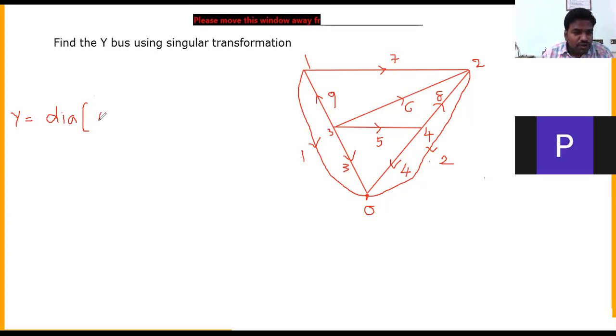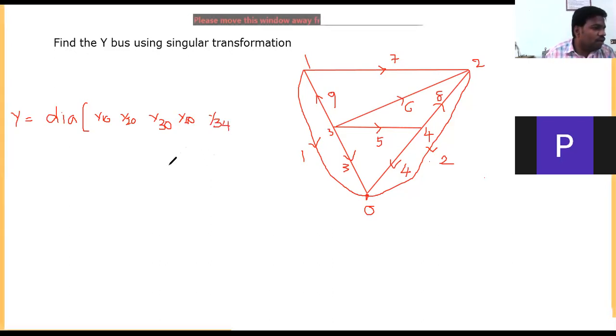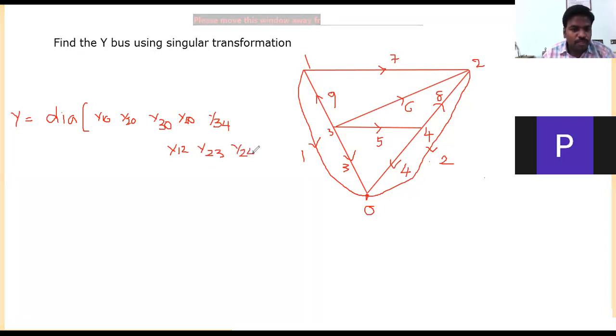So first one is y10, y20, y30, y40, y34, after that y12, y23, y24, and y13. Now you see here the problem has been completed.